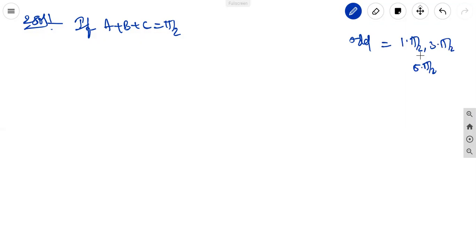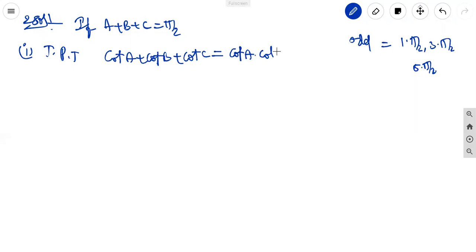We have to prove first that cot A plus cot B plus cot C equal to cot A into cot B into cot C.